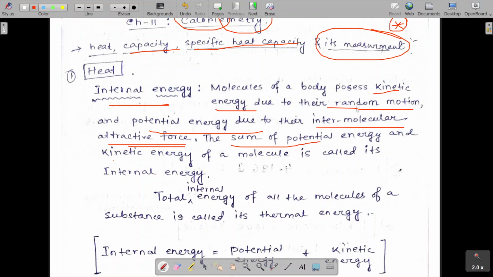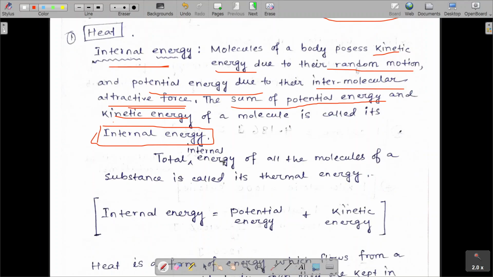The sum of potential energy and kinetic energy of the molecules is called internal energy. And the total internal energy of all the molecules of a substance is called thermal energy.